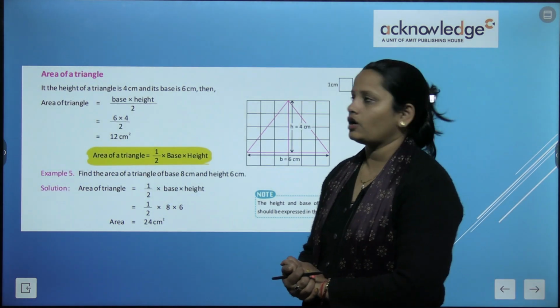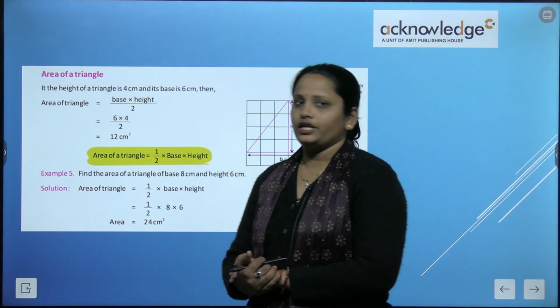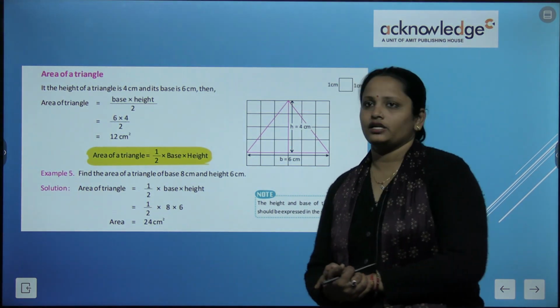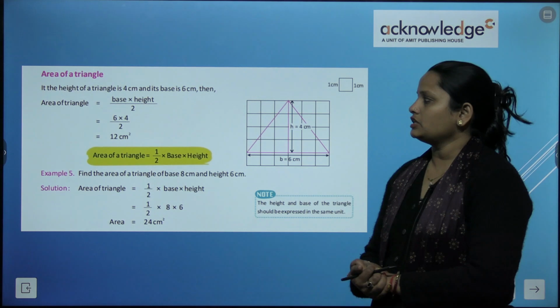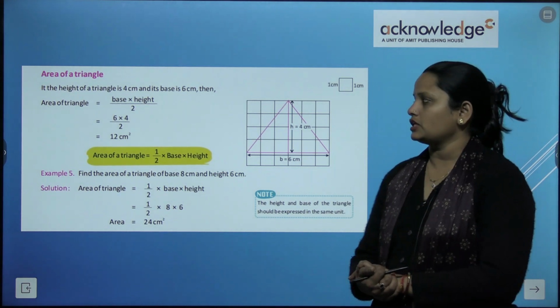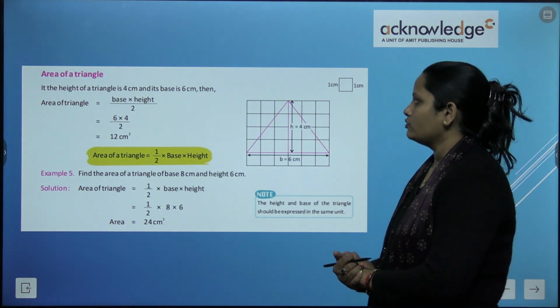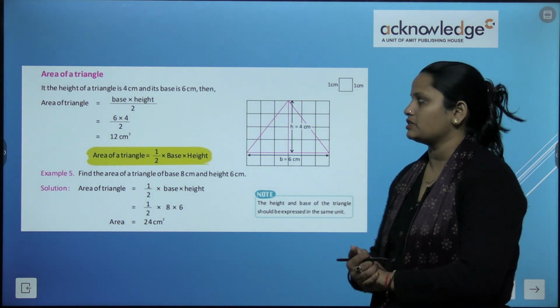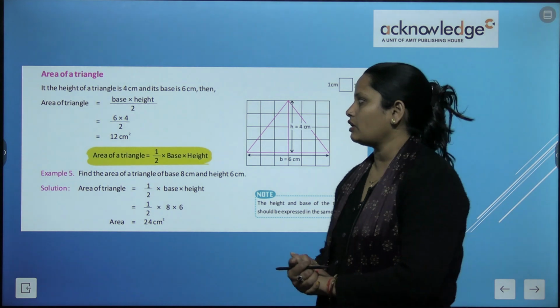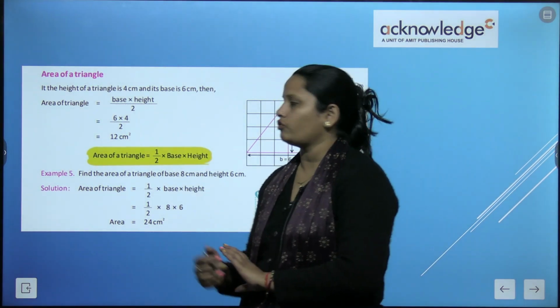Now let's find the area of a triangle. So if the height of a triangle is 4 centimeter and its base is 6 centimeter. एक triangle है जिसकी height क्या है 4 centimeter है और उसका base क्या है 6 centimeter. तो हमें क्या करनी है, we have to find the area of the triangle.